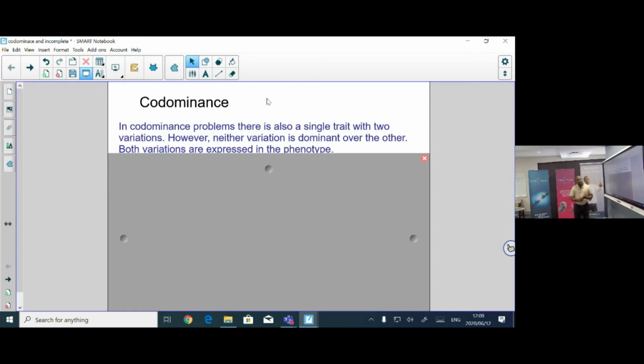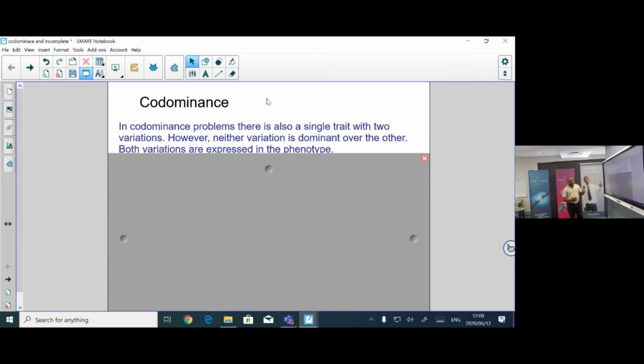Remember, we use our genetic diagrams to solve problems whilst we are looking at one trait, giving us monohybrid diagrams, or if we're looking at two, then there'll be dihybrid.